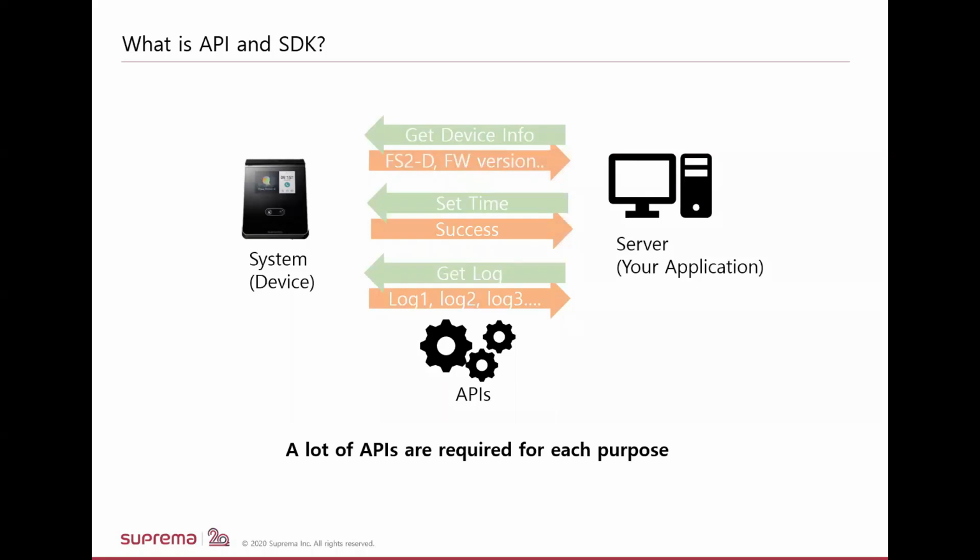In the structure, you will see this command as get device info. Or if you want to set the device time, you will use a set time API. These commands are APIs, and you will need a bunch of APIs to fully utilize the devices.